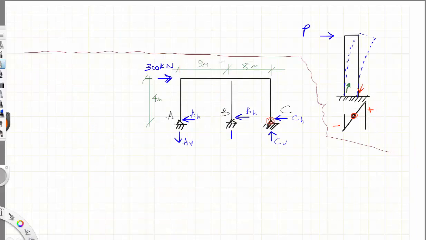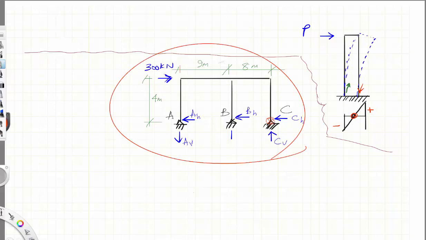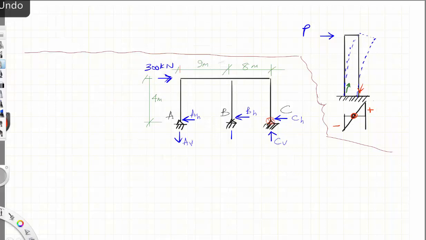We need a second assumption to be able to calculate the vertical reactions. The assumption here is that we imagine this frame as if it is a cantilever, like this one. In this cantilever, you see this side has compression and this side has tension.